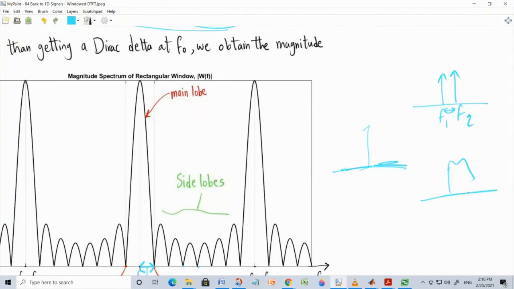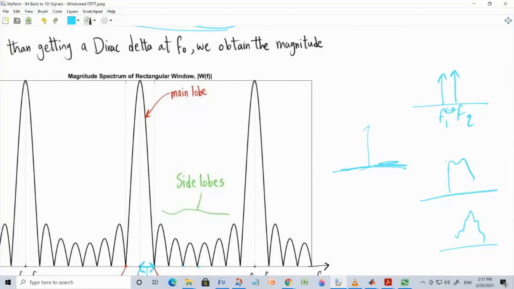In the presence of noise, you will get something that looks like this, and you have no idea whether you have just one frequency component or actually two frequency components that look to you as if they are one, because they are very close to one another. So that's the resolution problem. Resolution means the ability to distinguish between two close frequencies.